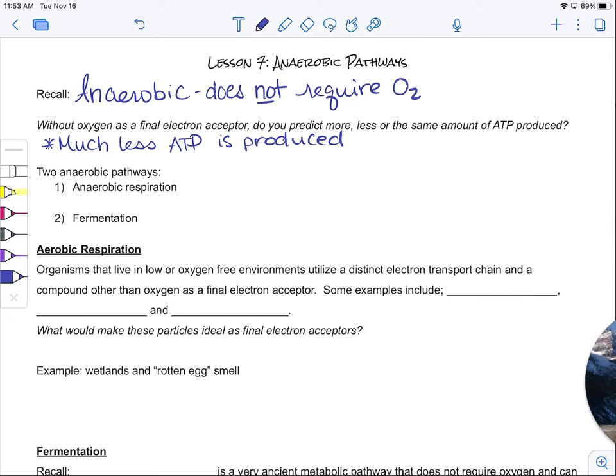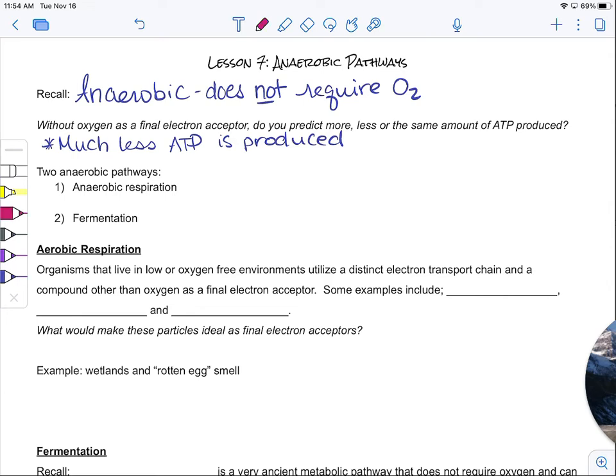In lesson 6, we talked a lot about the electron transport chain, and we said that ideally we've got oxygen present there at the very end of that, acting as that final electron acceptor after electrons had moved through a whole series of different redox steps. So here it's a little bit different. The first pathway we're going to look at in this course is called anaerobic respiration.